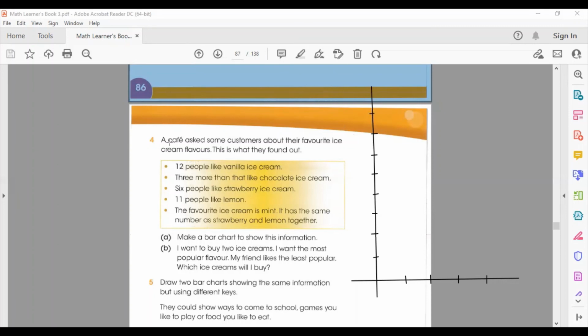Okay, let us write the numbers. Here we are representing each line equal to 3, then 6, then 9. You can also use 2 as you have space. Then 12, then 15, then 18.